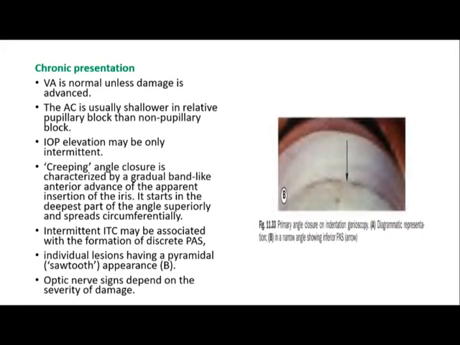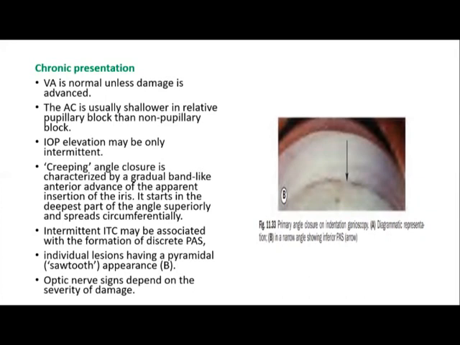In chronic presentation, visual acuity is normal unless damage is advanced. The anterior chamber is usually shallower in relative pupillary block than in non-pupillary block. The IOP elevation may be only intermittent. Creeping angle closure is characterized by a gradual band-like anterior advance of the apparent insertion of the iris. It starts in the deepest part of the angle superiorly and spreads circumferentially.